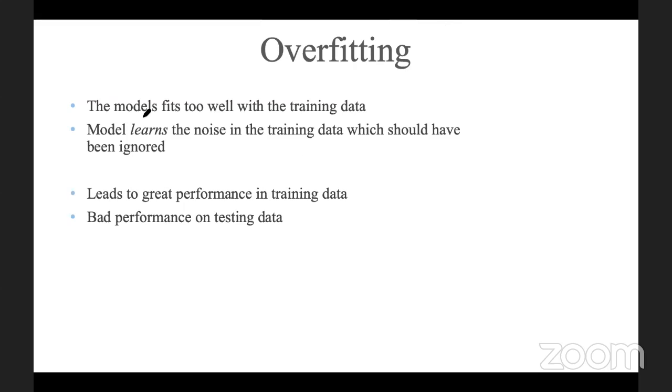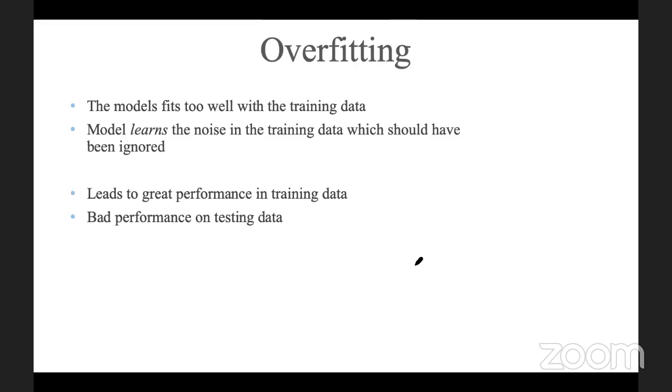Okay, so overfitting is basically that your model fits too well with your training data, and the model learns the noise in the training data. Because you are just iterating epochs over the training data, eventually, to get the cost nearer and nearer to 0, it will just figure out what the noise pattern is in the training data, and figure out the output for each example.